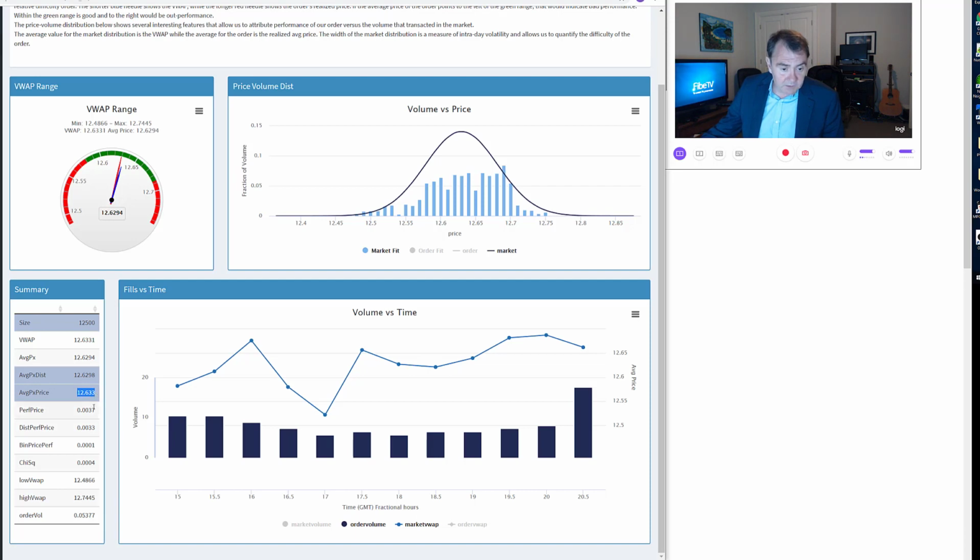And we can see that this one is actually very, very close to the VWAP benchmark, only differing by 1 mil. Okay, so now we have a procedure where we can attribute our performance, and not only that, we can handicap the difficulty of our performance by normalizing by the standard deviation of this market distribution here, which we interpret to be the intraday volatility.